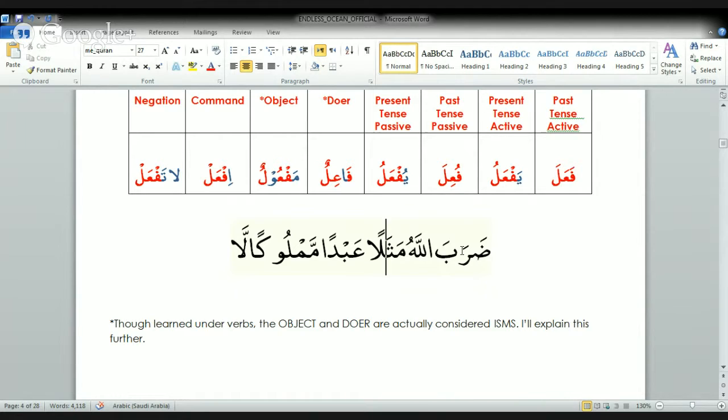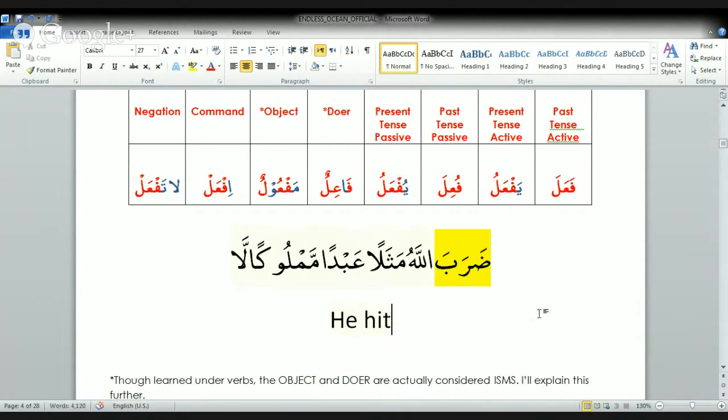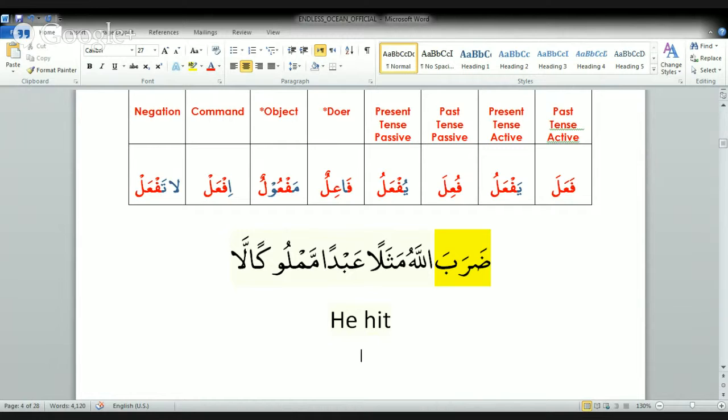Now, generally, right now, since you don't have any full-out realization of how a verb looks, just from understanding, I know that this is a verb, right? Daraba means he hit. Looking at this form, I know that it is a past tense active verb. Now, how do I turn this into a present tense active verb?